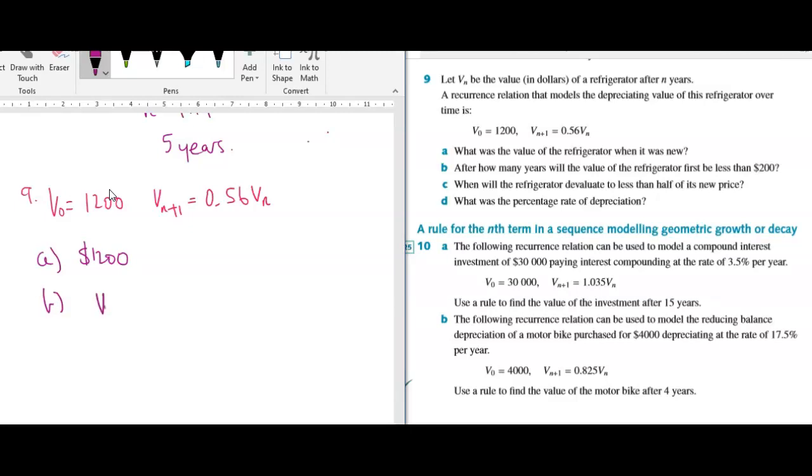So you can do the rule, if you like. So Vn equals 0.56 to the power of n times 1,200. We want it to be less than 200, so we'll just write 200 and solve for n. You can keep pressing enter on your calculator as well. So let's do it both ways.